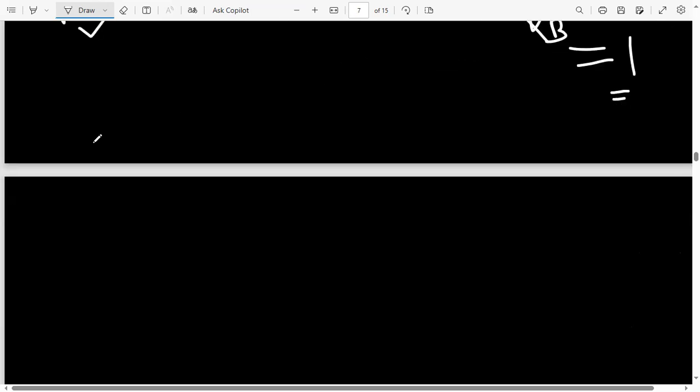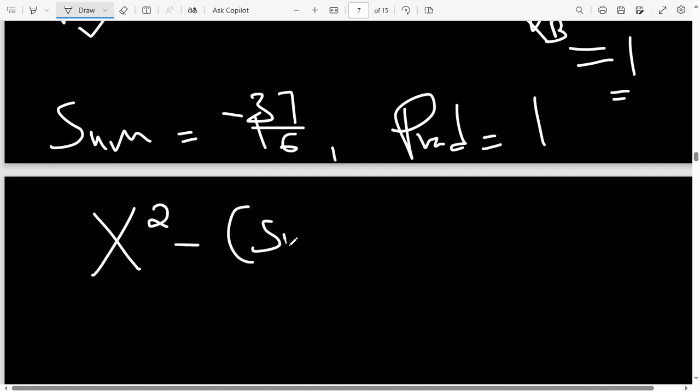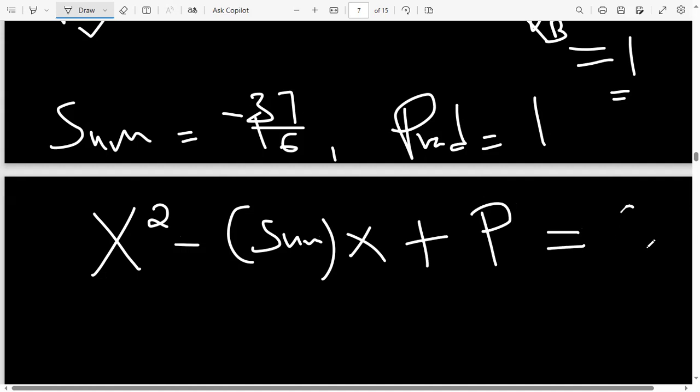So we have the two things that we need in order to find the new equation. We have the sum, which is 37 over 6, and the product, which is 1. The new equation is always in the form x squared minus the sum of the roots times x plus the product, and this should be equal to 0.